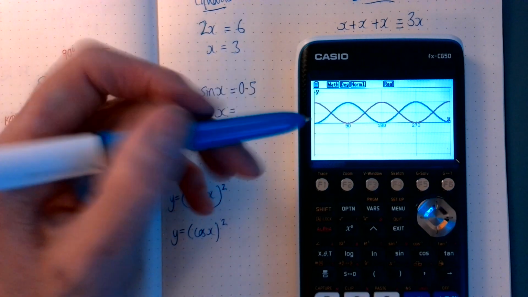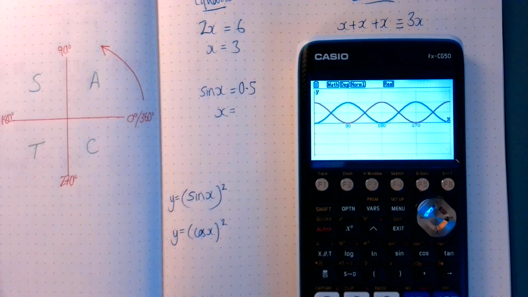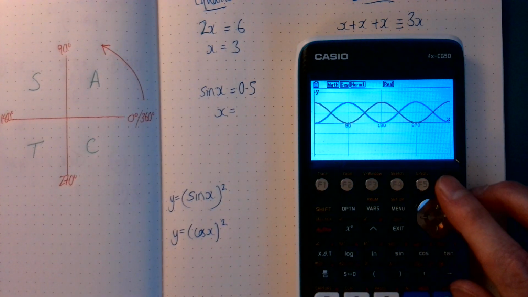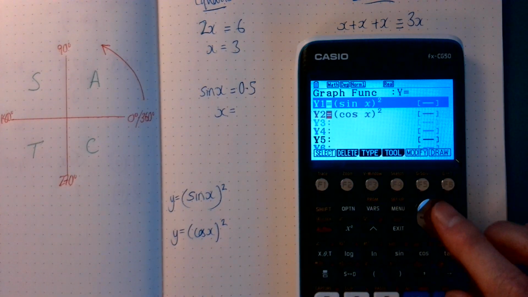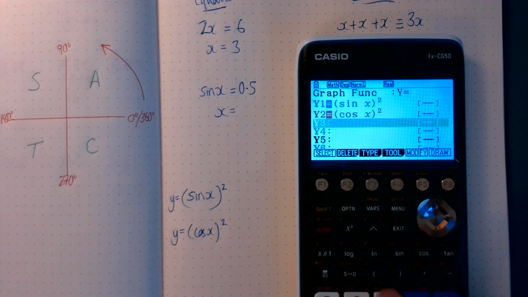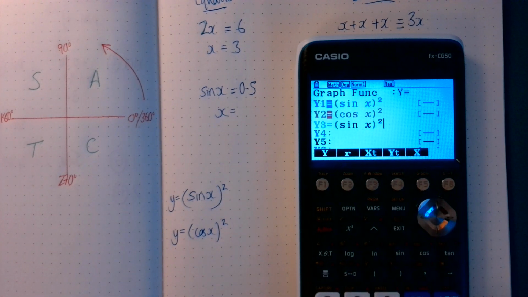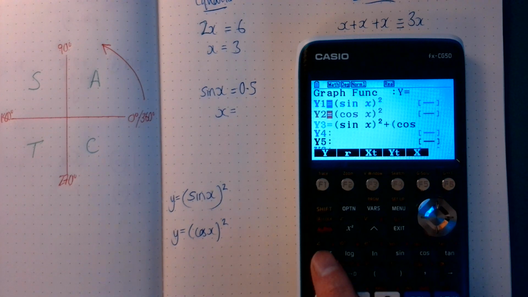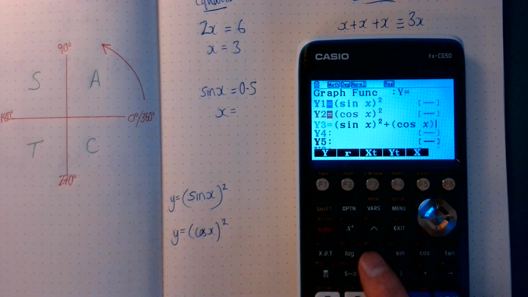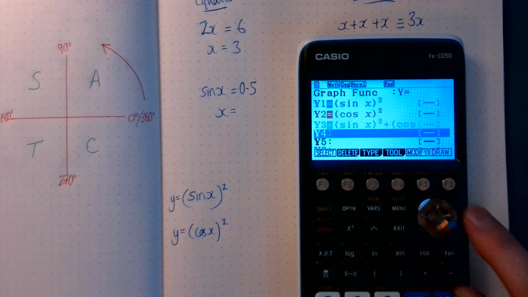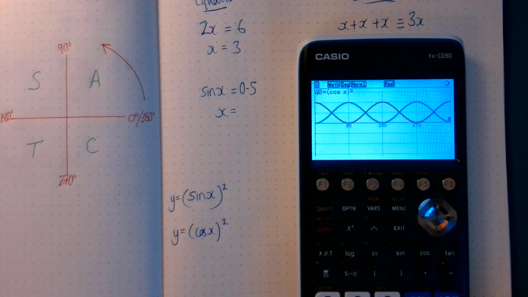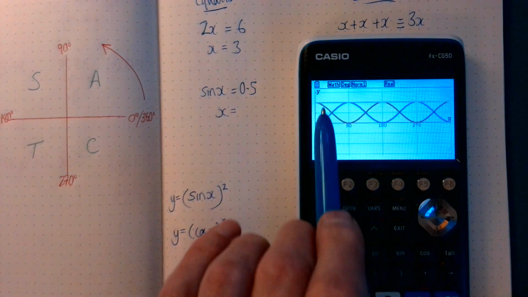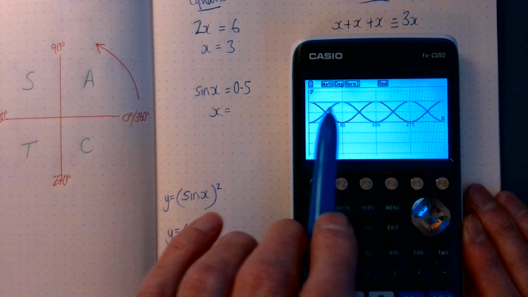I wonder what happens if I add the values of those two curves together. So I'm going to plot a third curve that is the sine of x squared added to the cos of x squared. This line here is that third curve.